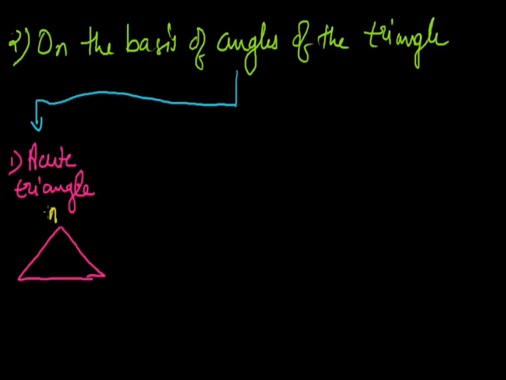For example, in triangle ABC, if angle A is 60 degrees, angle B is also 60 degrees, and angle C is also 60 degrees. Now here you can see all the three angles of the triangle ABC are less than 90 degrees. Therefore, it is an acute angle triangle.